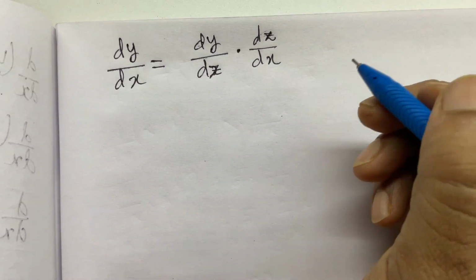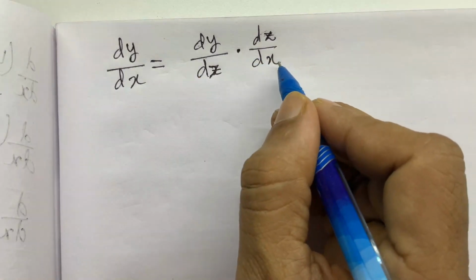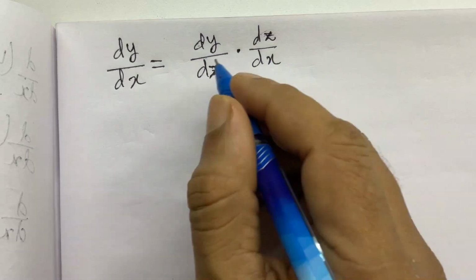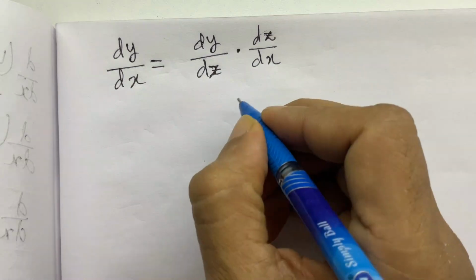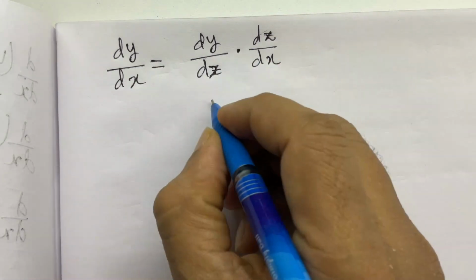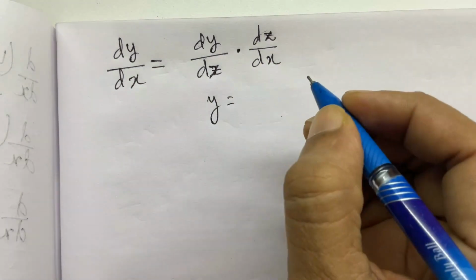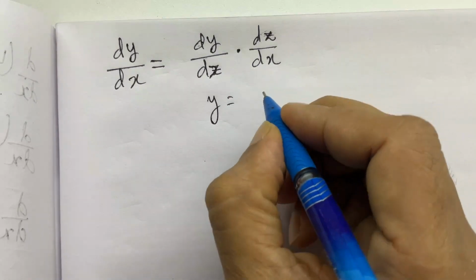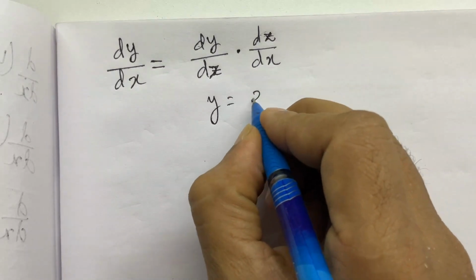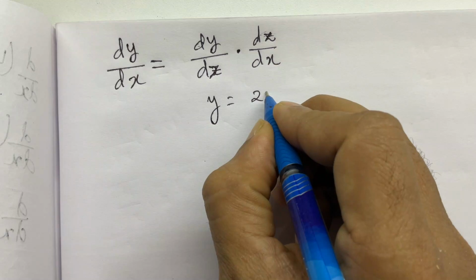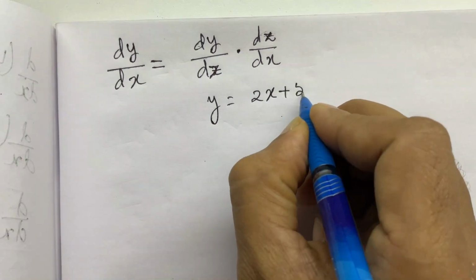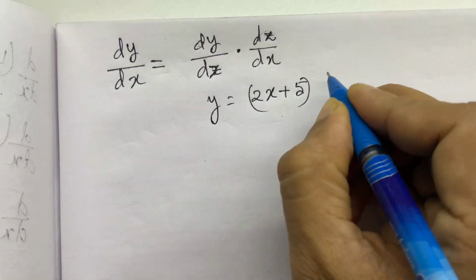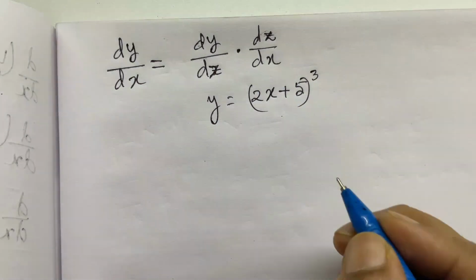With that example I'll explain what this rule actually means. So say a function is given, y is given as (2x plus 5) to the power 3.